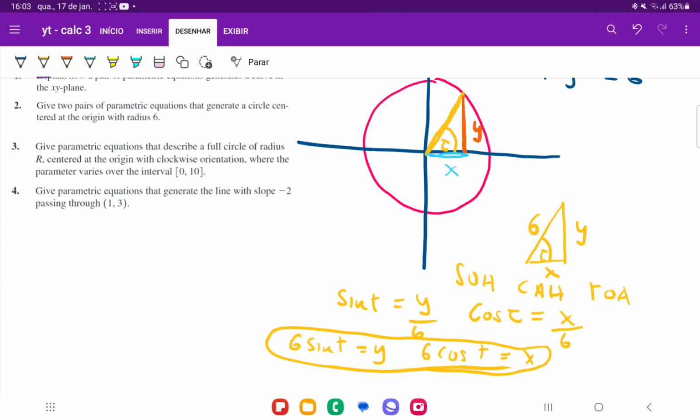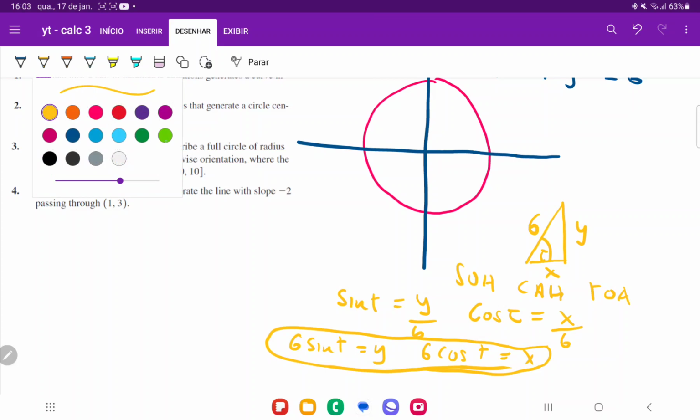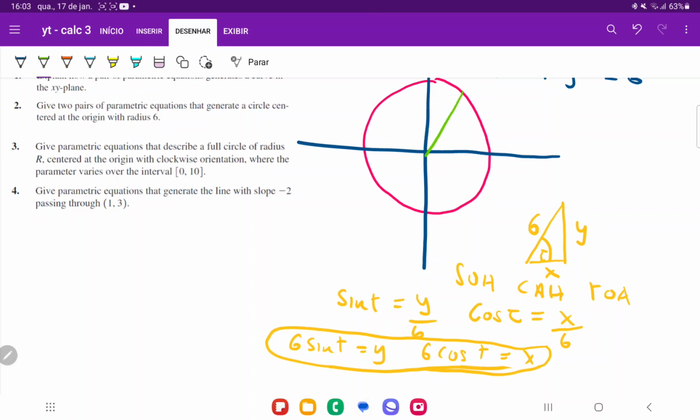We could consider another triangle, but instead of taking t as we normally do here, we're going to take t as going from up here. So it's the angle that it makes, not with the horizontal, but with the vertical.